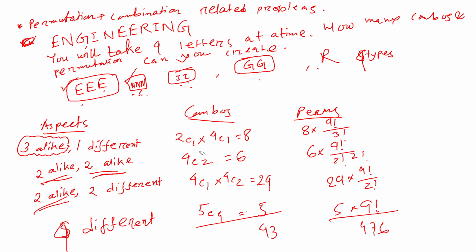Now explain it to me, why is 2 alike written 4C2? Good, very good. And explain this one, 2 alike, 2 different.